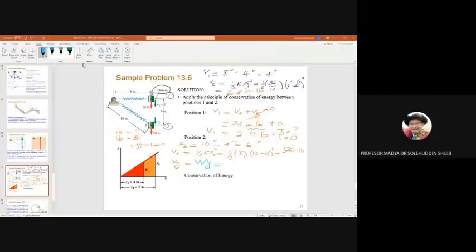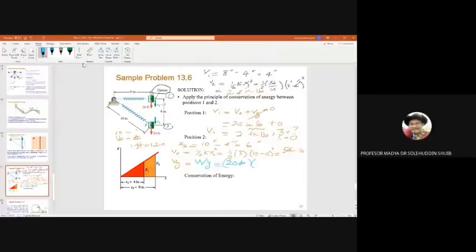What is the value of W? 20 pound, given, right? The red color here. You're given 20 pound. 20 pound times Y. Negative 6. Minus 6.